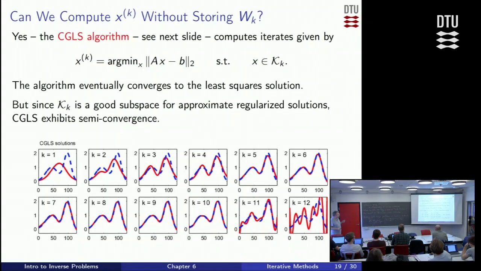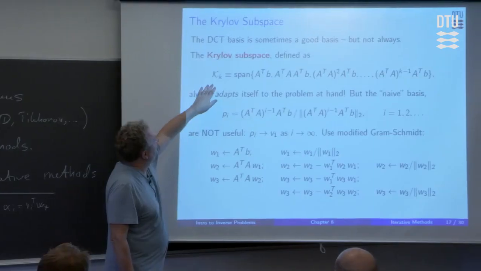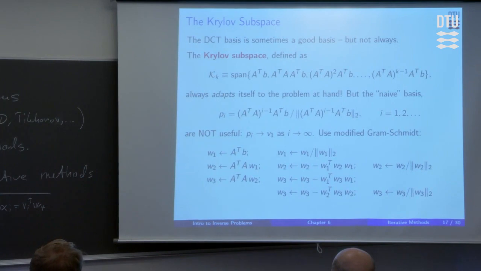Let me back up to slide number 17. It's very nice if we like the singular value decomposition, but the matrix is too big, so we don't want to compute it. We still like the SVD basis, and we get Krylov subspace basis vectors that resemble it. But to achieve that, we have to pick this particular Krylov subspace on top of page 17.